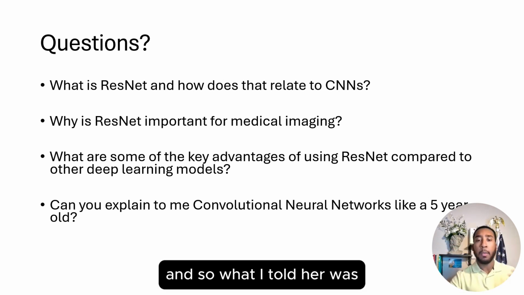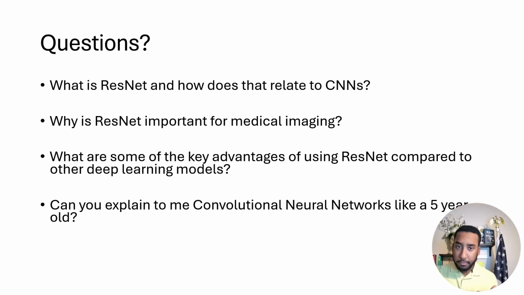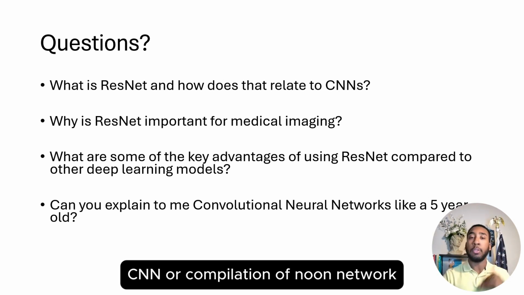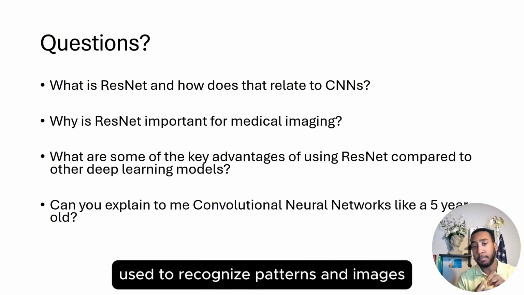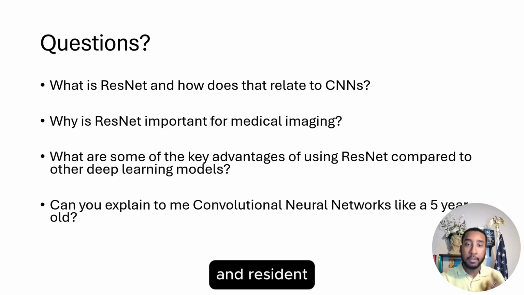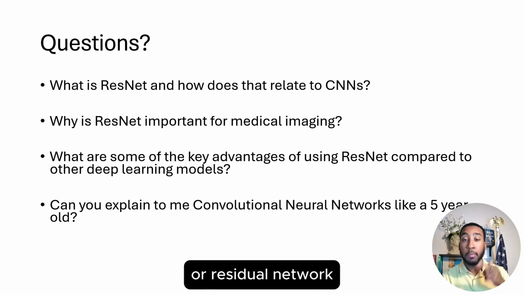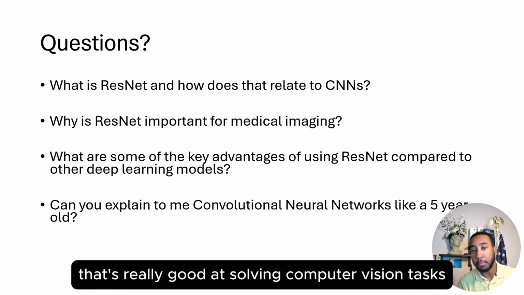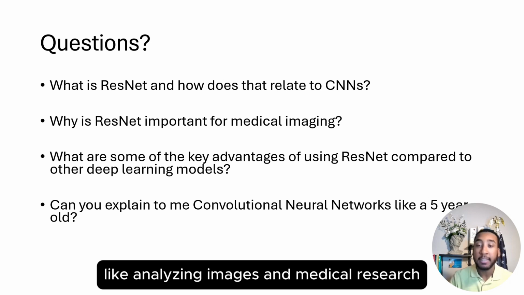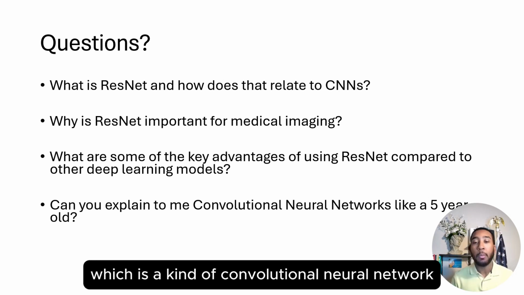And so what I told her was, a CNN, or convolutional neural network, is a model used to recognize patterns in images. And ResNet, or residual network, is a type of deep learning architecture that's really good at solving computer vision tasks, like analyzing images in medical research, which is a kind of convolutional neural network.